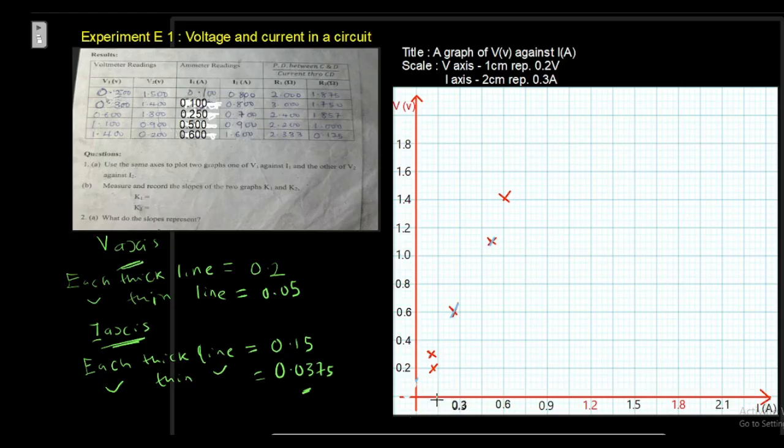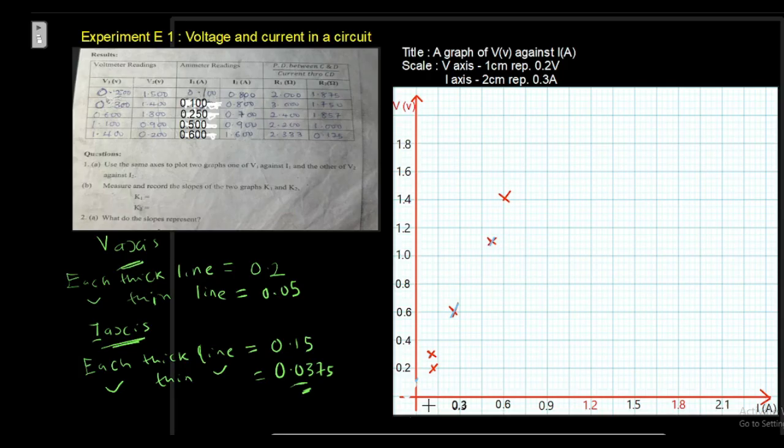This is 0.3. Now remember, this is 0.15. To get the value of the next one here, which is 0.15, remember each small line on the horizontal is 0.0375. So it's 0.15 minus 0.0375, and that will give us 0.11, which is the next one.